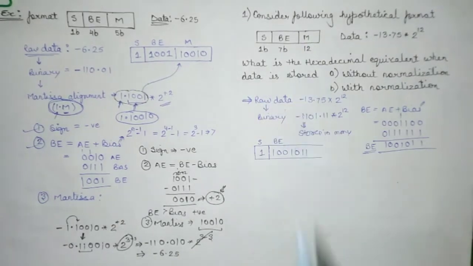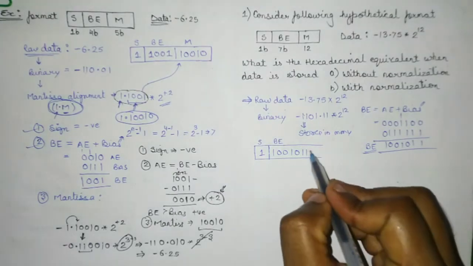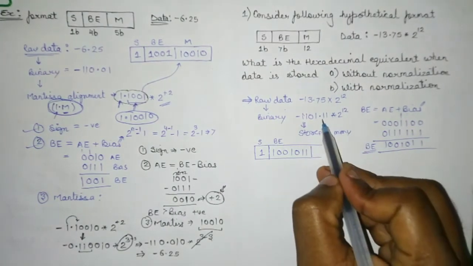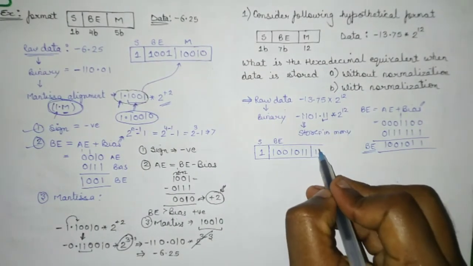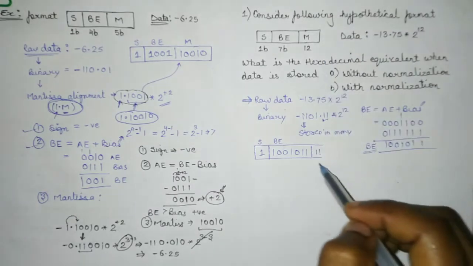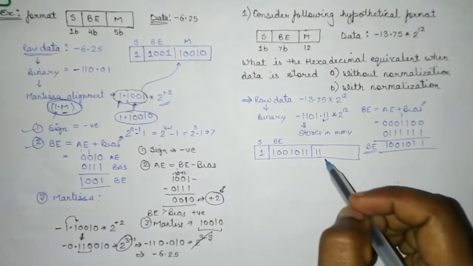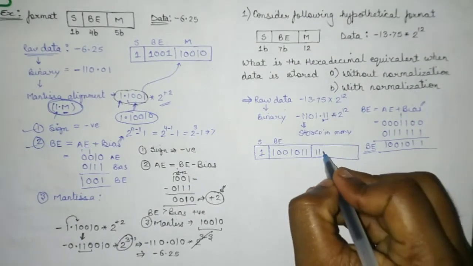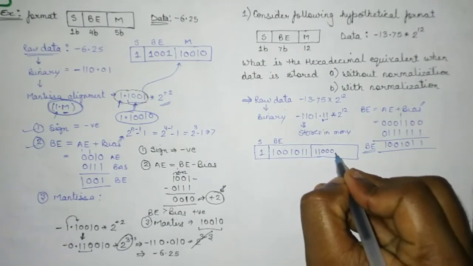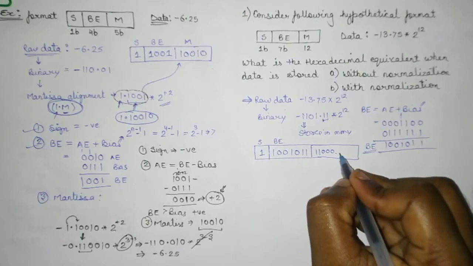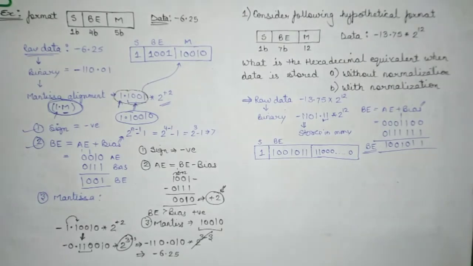Now we have to store the mantissa. What is the mantissa here? It is 11 only, so we will store 11, but you can see it needs to be 12 bits and we have only 2 bits, so I will be adding 10 zeros here. So 10 zeros are here.